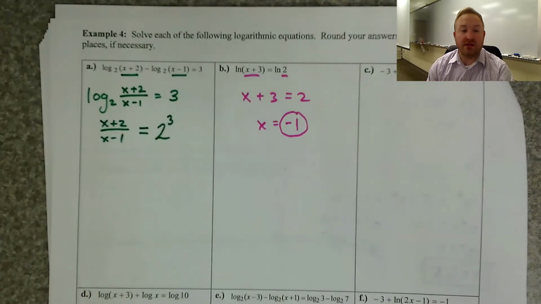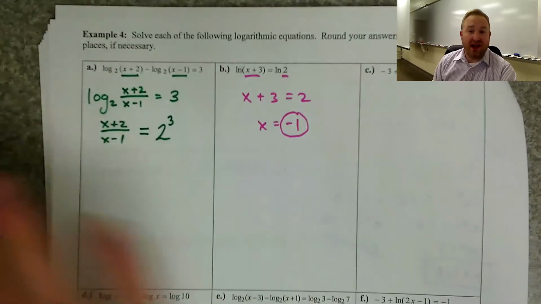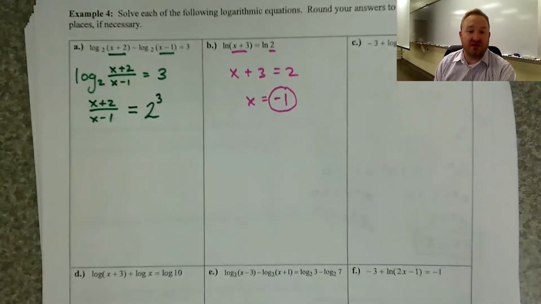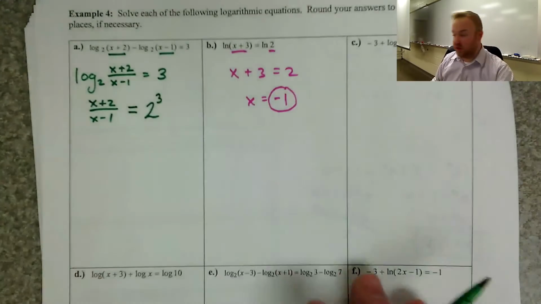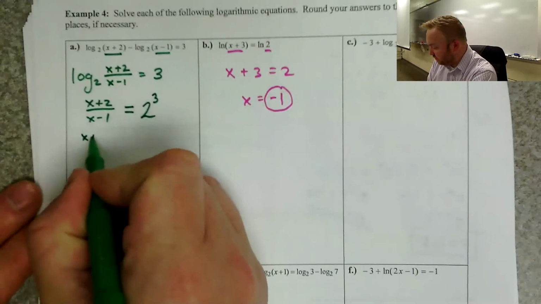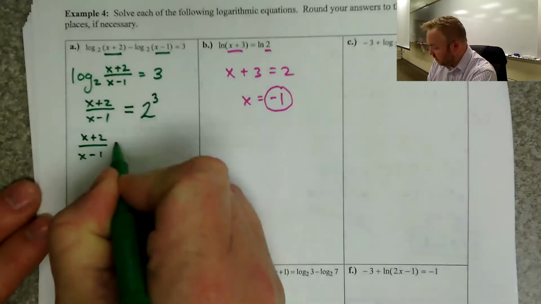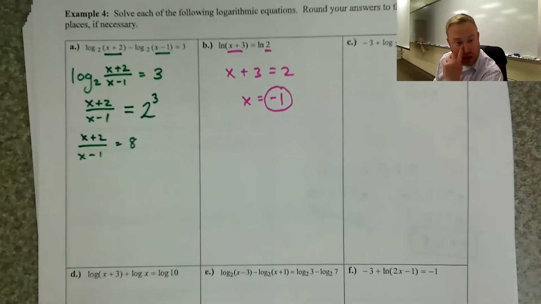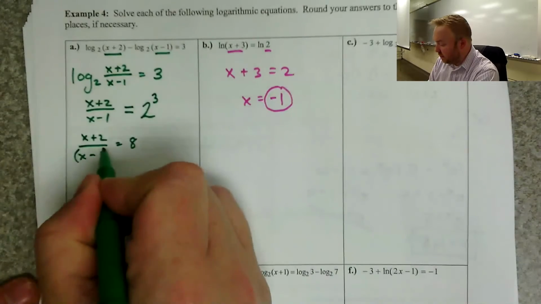Now, at that point, the logarithm part of this problem is over, right? We did the log. All we have to do is just use our equation solving skills to solve this equation. I'm going to walk through how to do that, but this is an equation we should be able to solve. So first of all, 2 cubed is 8. And then I'm going to clear my denominator here.